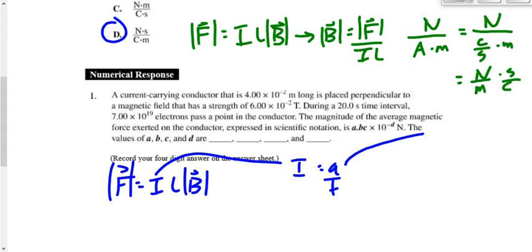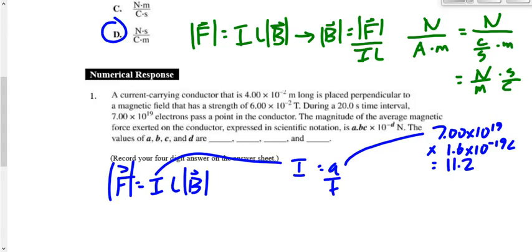We know the number of electrons here. It's multiplied by the charge of an electron. 7.00 times 10 to the 19 times 1.6 times 10 to the minus 19 coulombs. Anybody have a value for that? I'll probably make a mistake on it if I find the value of it. What is it? 11.2?